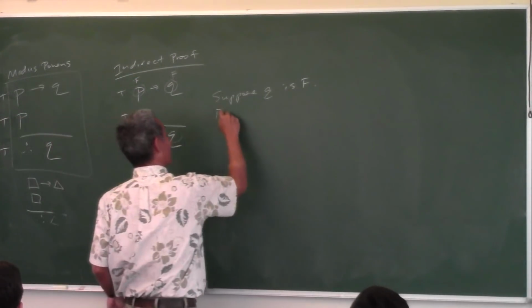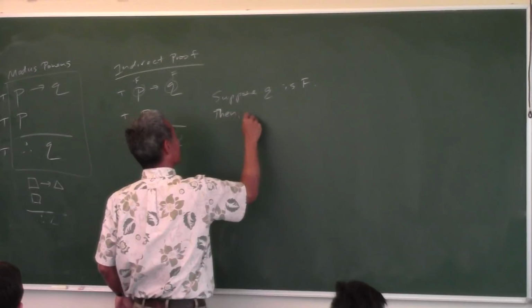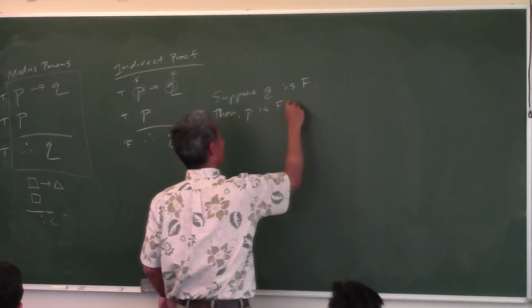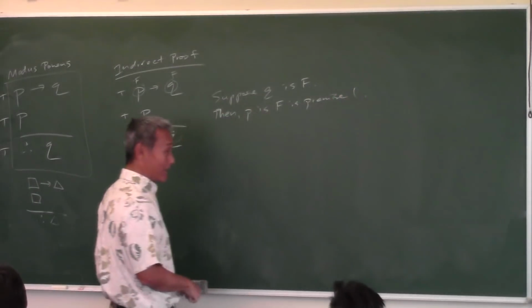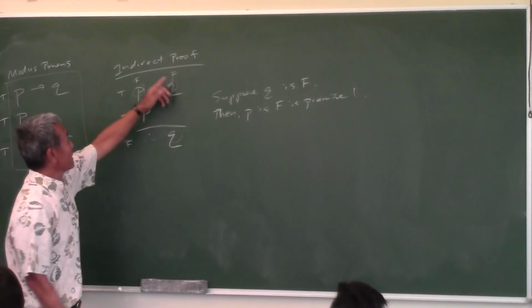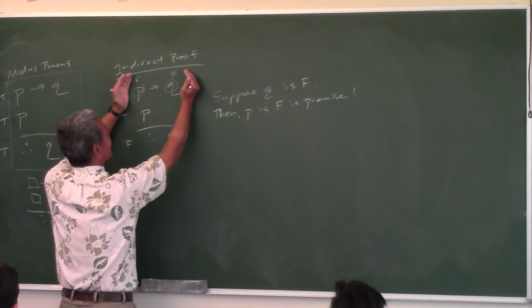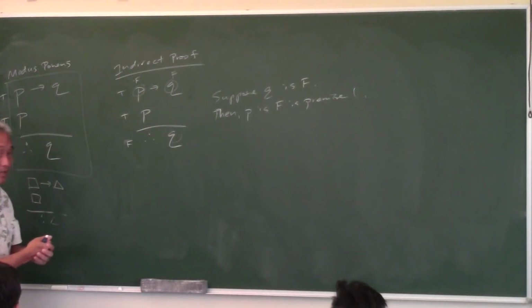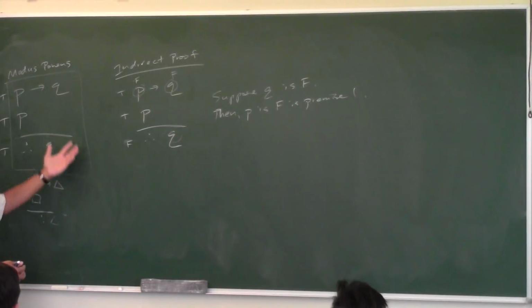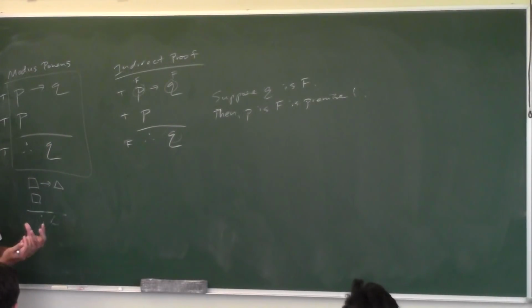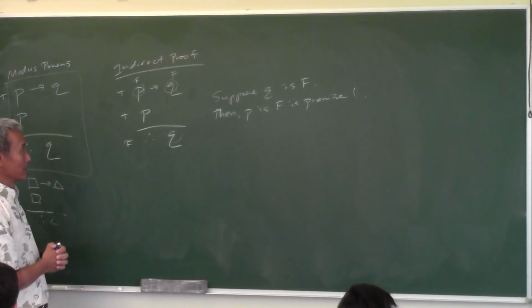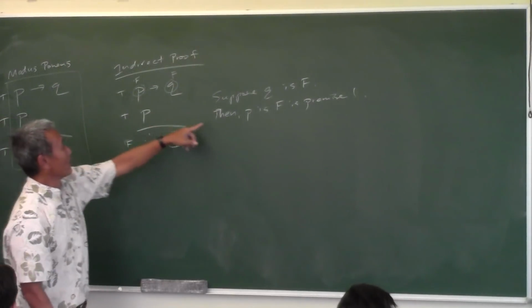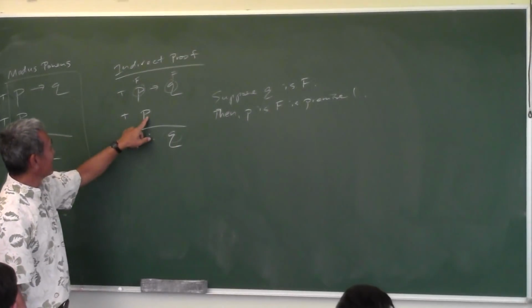So we say, then, P is false in premise number 1. Everybody understand that? If Q is false, in order to make this entire statement true, P has to be false as well. Otherwise, it wouldn't be true. Now, your goal is to come up with a contradiction. Does anybody see a contradiction here? This one's really easy. We figured out P is false, but look right there. P is true.